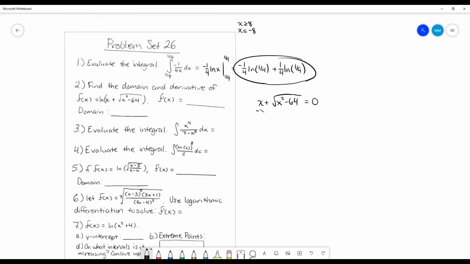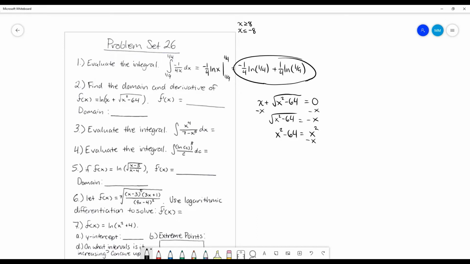Okay, I can subtract x from both sides, and then I get this equals a negative x. If I square both sides, I get x squared minus 64 equals, well, it's going to be a negative x squared, which is the same thing.